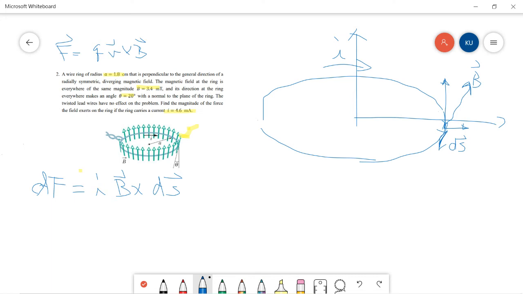So for the magnetic field, it can be separated into two components. One is the vertical component, and another one is the horizontal component. Maybe I should use another expression.